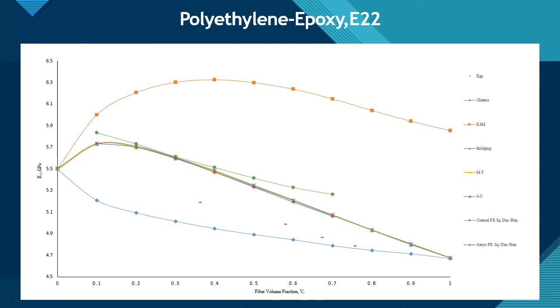So in terms of error percent, it is not high, it's within the 5% limit. So we can conclude ANSYS is predicting pretty good results in this case. And of course we need to add one more thing, that the square, diamond and hexagonal shapes are predicting the same results for polyethylene epoxy.